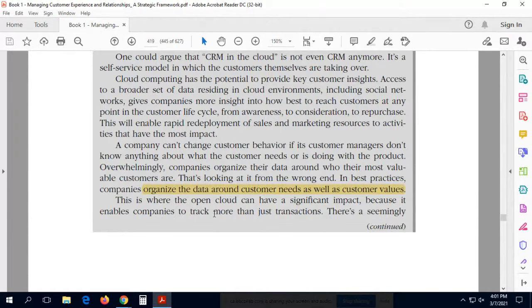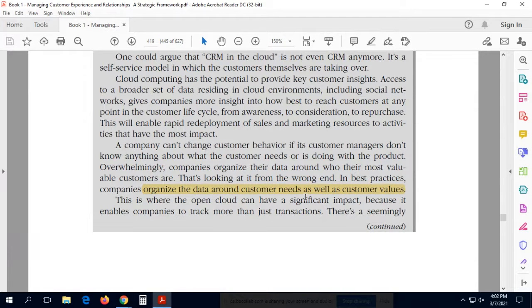Nothing is wrong in that, but what they want to convey overall in this chapter, to help us get closer to service quality management, is to organize the data around customer needs.